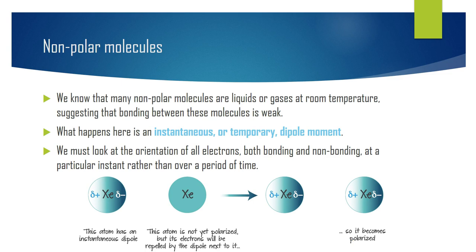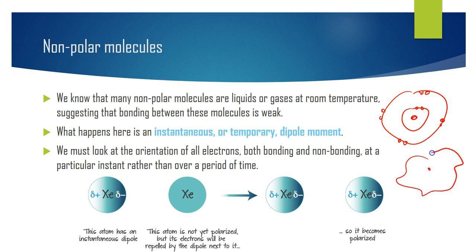If you think back to atomic structure, we said that we had the central nucleus of our atom, and then we have the electrons circling around it in shells, and with the quantum model that was more like a fuzzy cloud of electrons. So what happens in non-polar molecules is we get this instantaneous or temporary dipole moment.